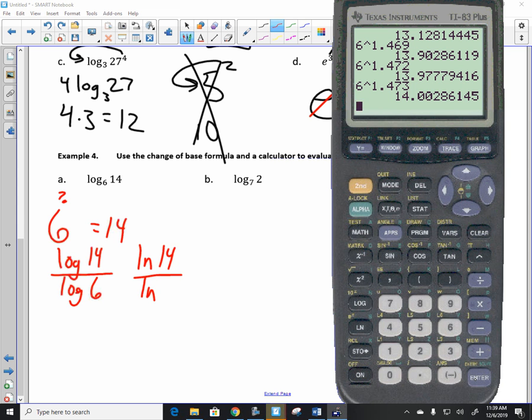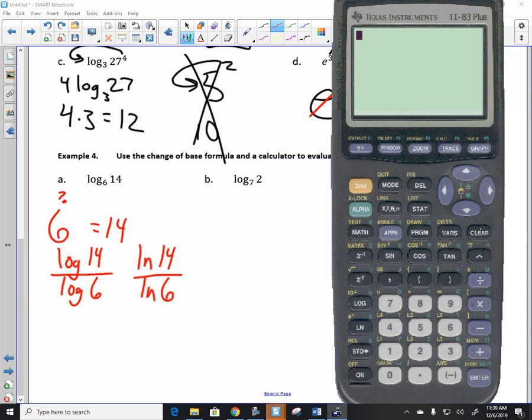So you can do on your calculator either log base 10 of 14 over log base 10 of 6, and that will give you the answer. Or you can do natural log of 14 divided by natural log of 6. That will give you the answer. You guys know the answer should be about 1.473, right? You just take out your calculator and go log of 14 divided by log of 6. Boom. Or what you could do is natural log of 14 divided by natural log of 6. Have a great day, folks.